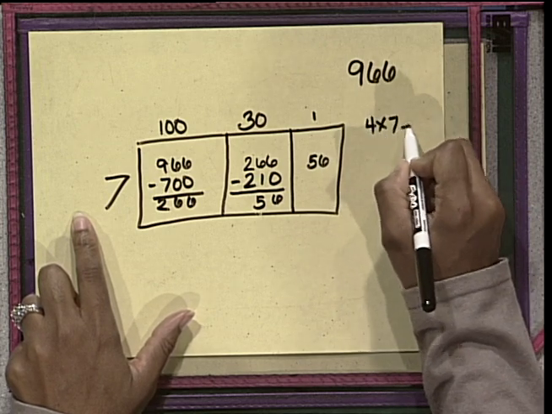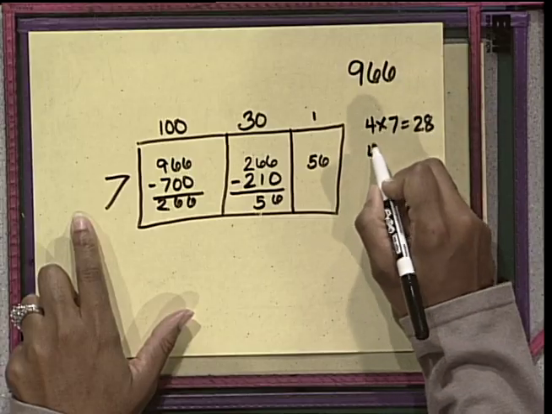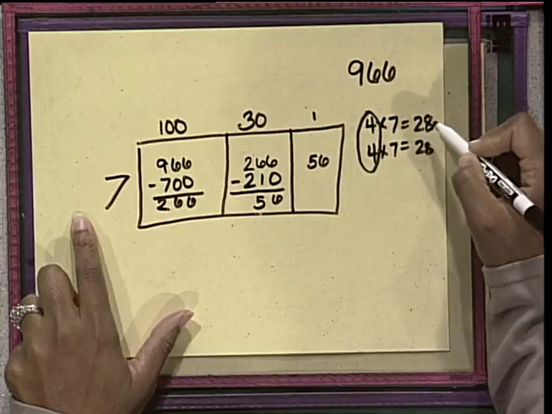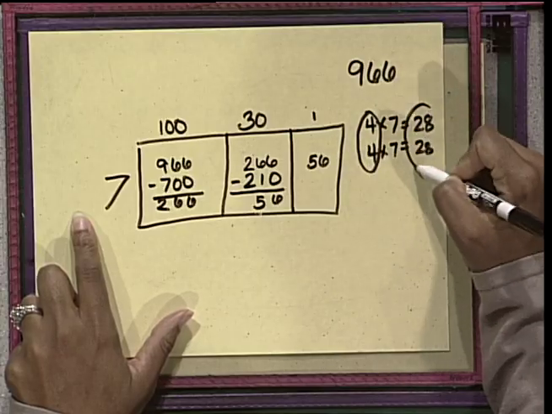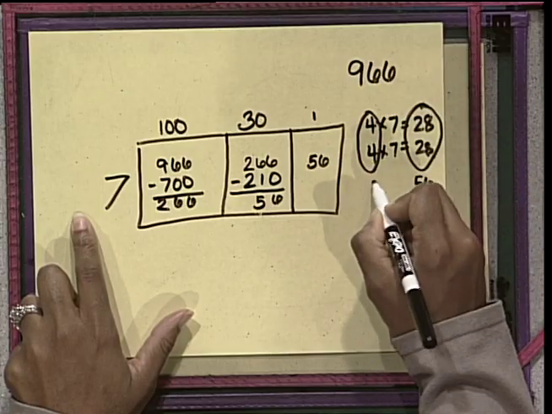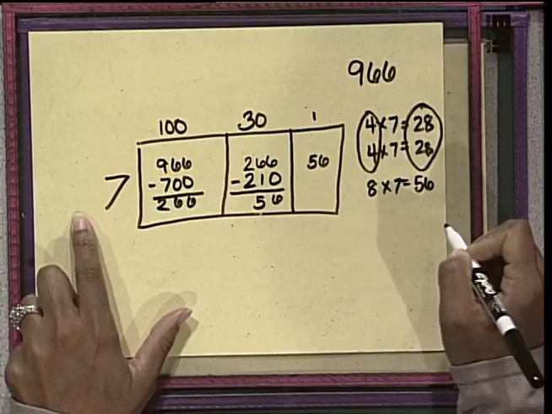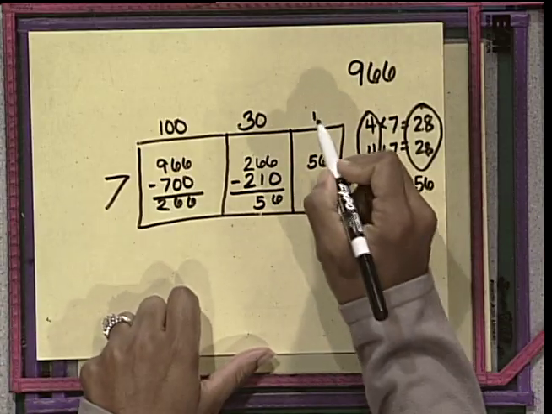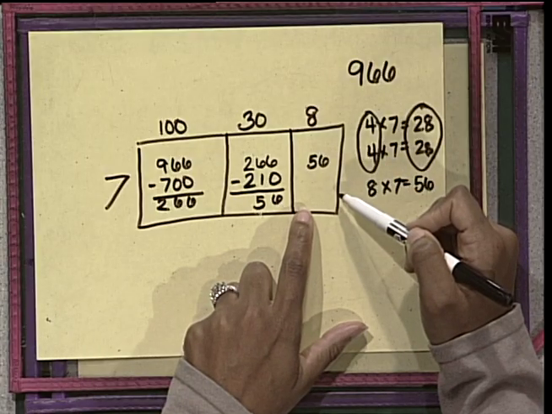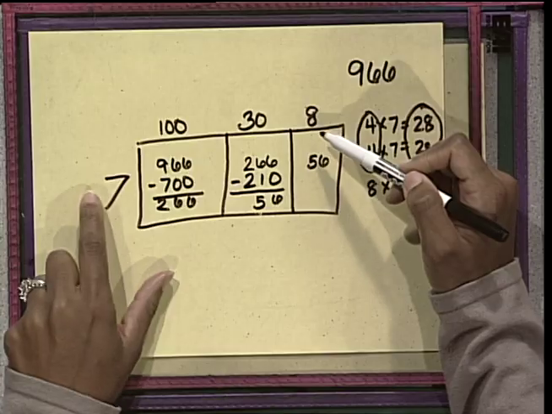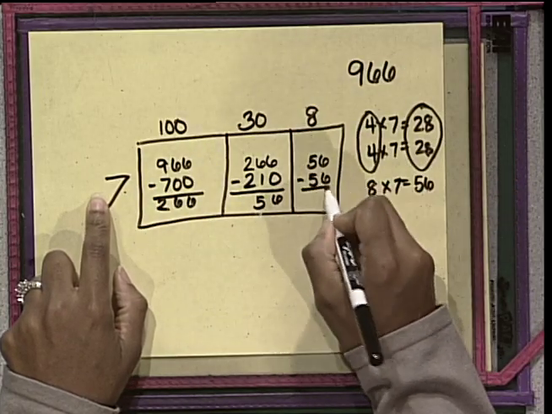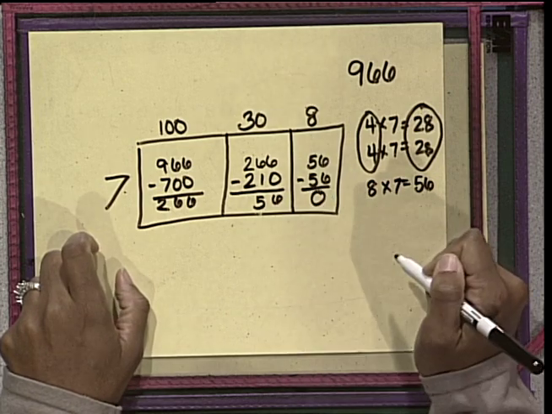If you don't know 8 times 7, 4 times 7 is 28. 4 times 7 is 28. Here's my 8. 4 plus 4, add my 28. 28 plus 28, 56. 8 times 7 equals 56. And look at that. That's how much is left over. So this portion of my rectangle is 8 units by 7 units. 7 times 8 is 56. 56 take away 56 is 0.